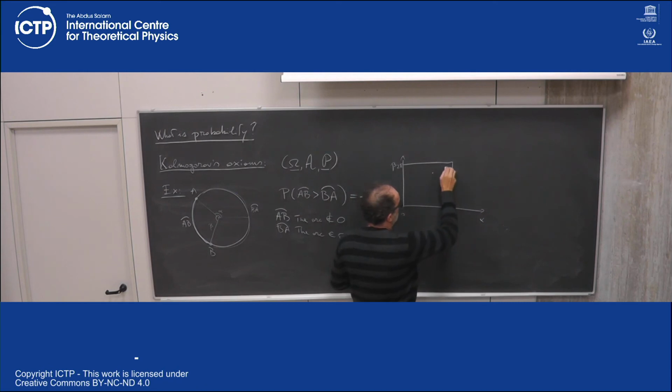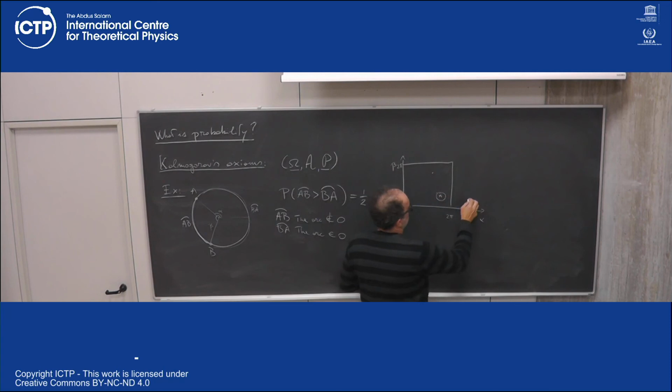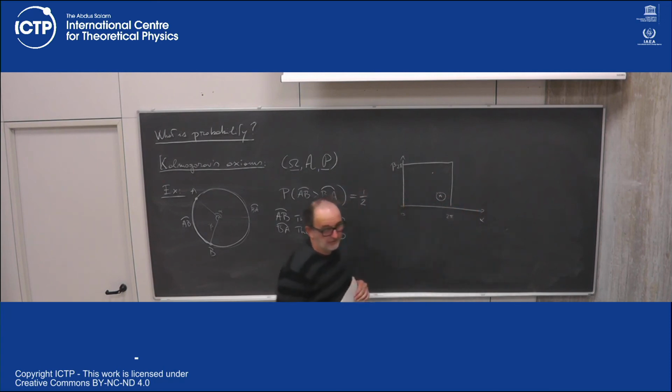Or if you want, for any set, the probability that alpha and beta fall in a particular set A is equal to the area of this set A, okay?